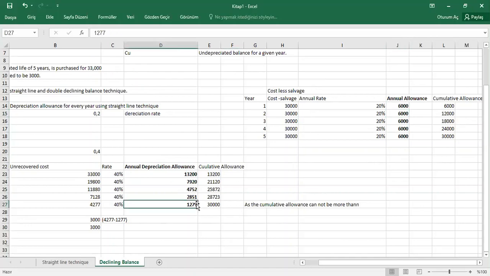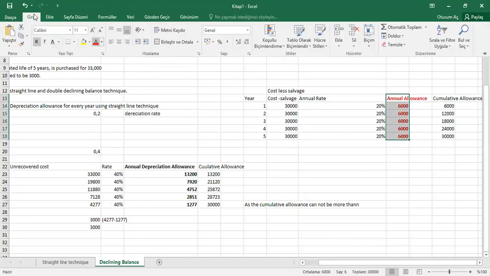So we should arrange our annual depreciation for the last year accordingly. But for the straight line, we arrange everything at the beginning. We consider our salvage value, and then we take certain rates, which is 1/5. So the total should give us $30,000 anyway, so we don't have to check our cumulative allowance for this case.